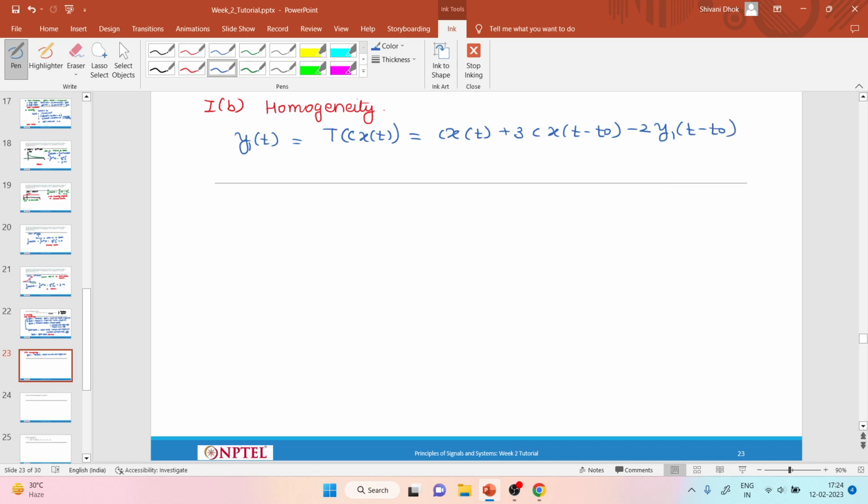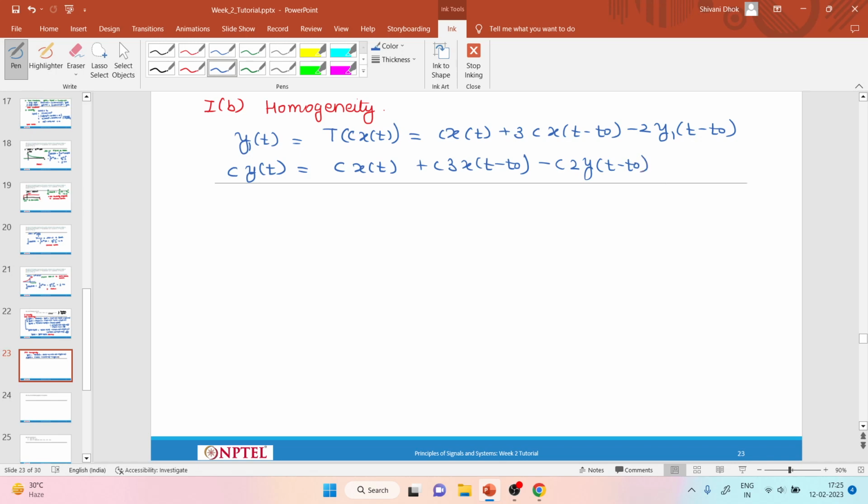Now let us look at what is this c times y of t. So that will be equal to c times x of t plus c times 3 into x of t minus t naught minus c times 2 times y of t minus t naught.